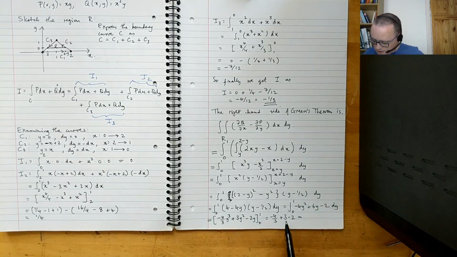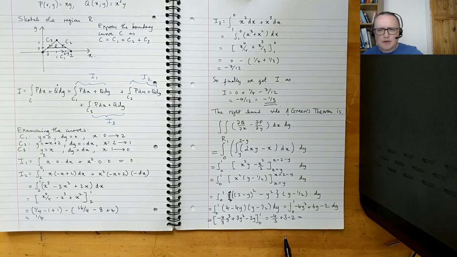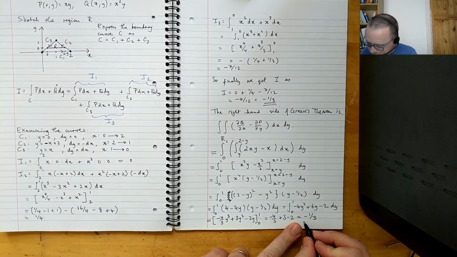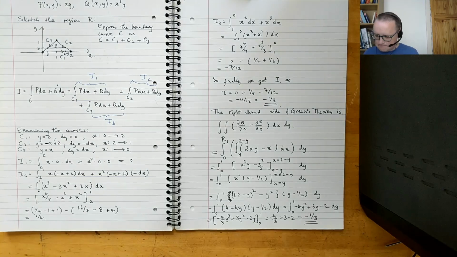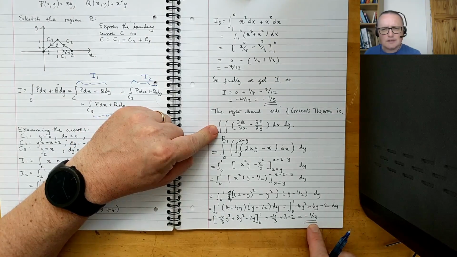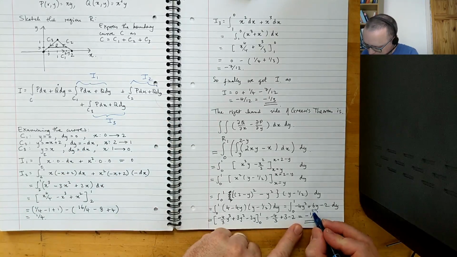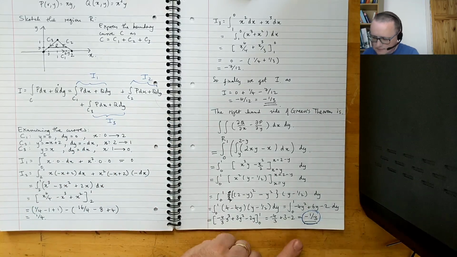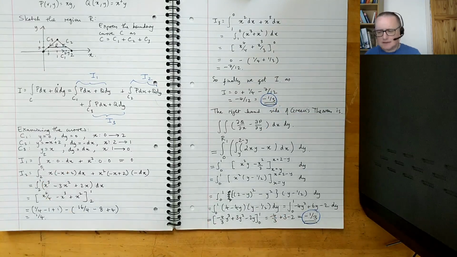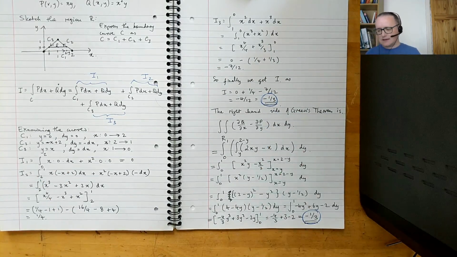This is minus 4/3 plus 1. Minus 4/3 plus 3/3 is minus a third. So yeah, this is the value of the right-hand side of Green's theorem. And of course it's the same as we expected it to be as the left-hand side.